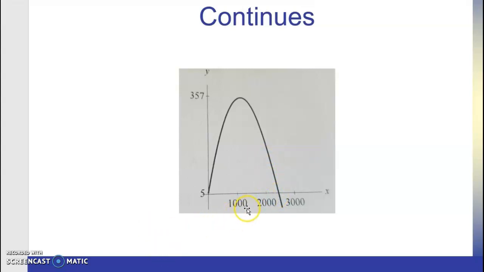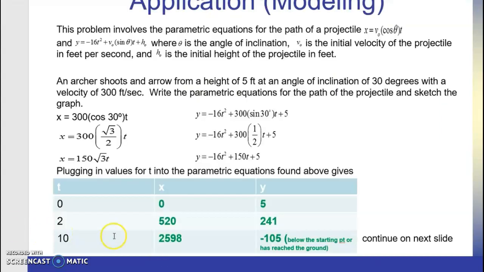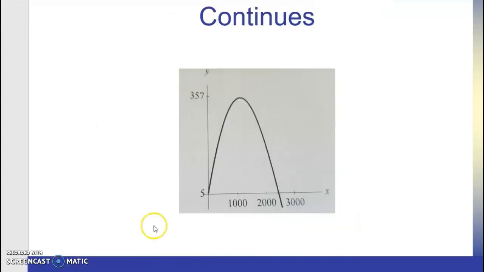And this graph fits nicely with the points because we can see that when x is 2,598, it's below ground level. And looking at the graph, we can see a little before we reach what looks like 2,500, we're already at 0. The arrow is no longer in the air.